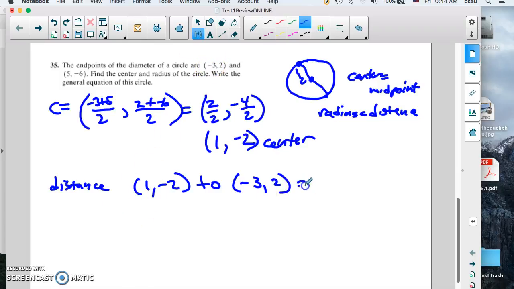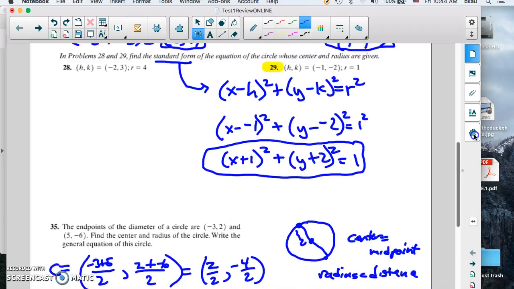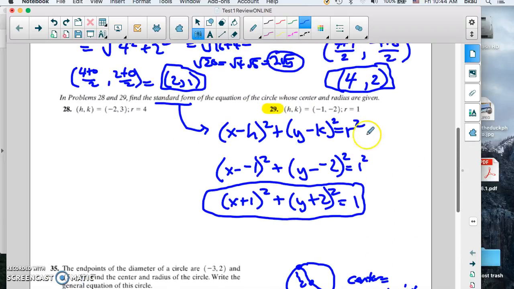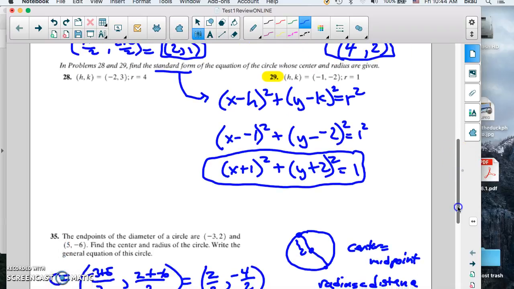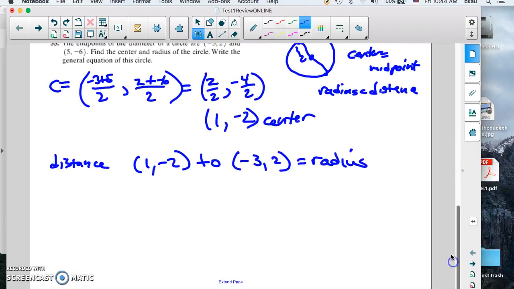And that'll give us the radius of the circle. And then we can plug it into the formula that we had up here to get the equation. But we need the two pieces of information. Right now we have one piece of information, the center. We need to find the radius also to complete the equation.